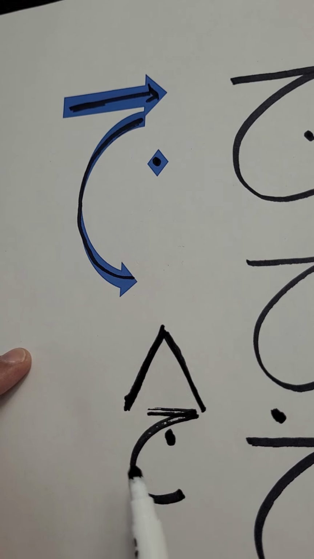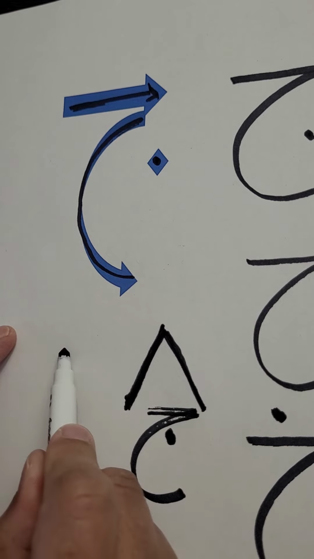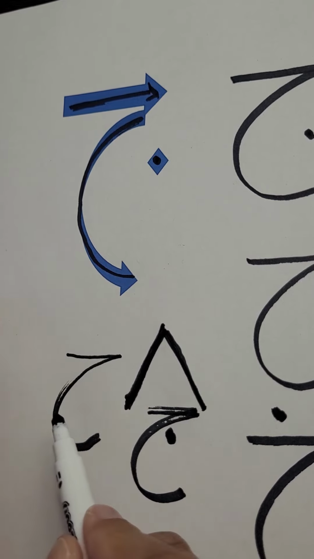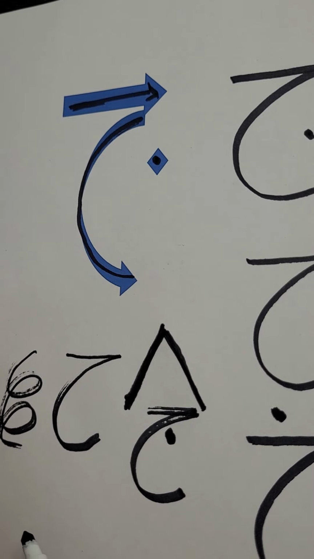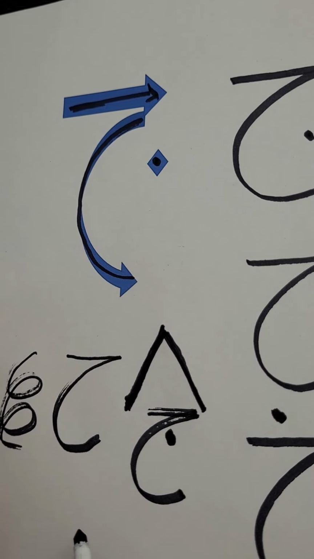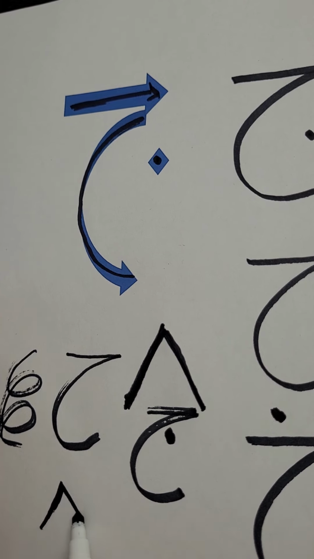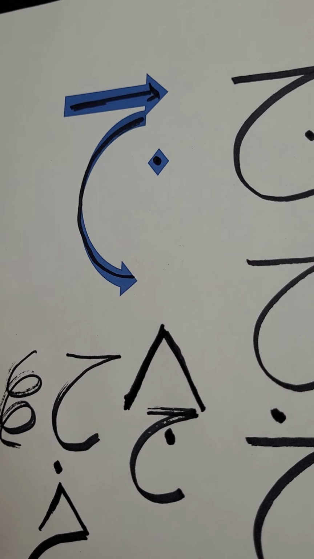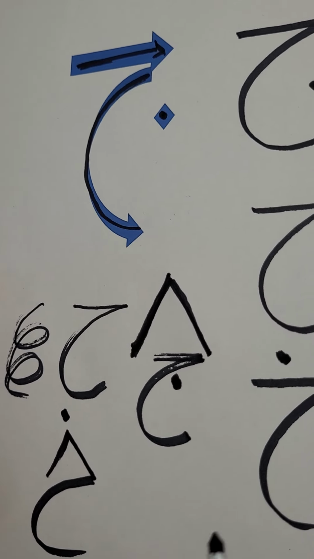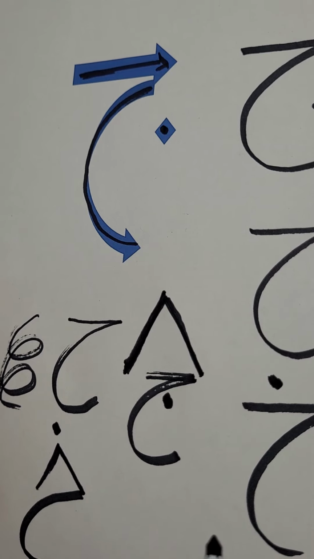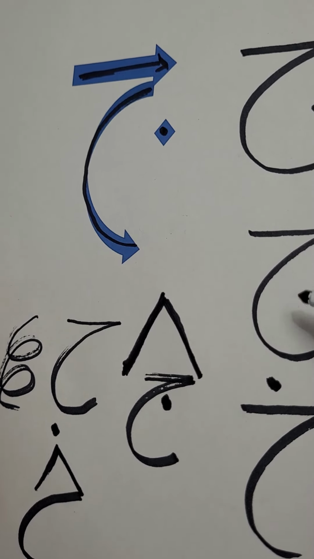For Ha, just remember Habl, rope, without any dot. And for Kha, you will remember something like a fly up your nose. So this is the nose of Kha, and there is a fly on the top. These are small tips to recognize the difference between Jim, Ha, Kha.